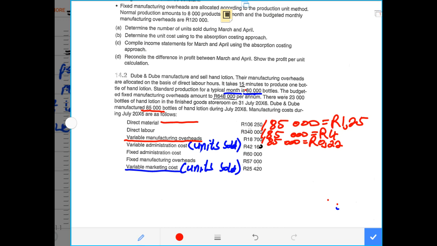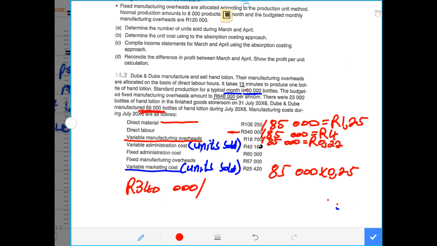Let me just take the example of the direct labor. Our direct labor is 340,000 rands. We could have divided this by the labor hours to manufacture 85,000 units. So now first we need to say 85,000 units times by 0.25.